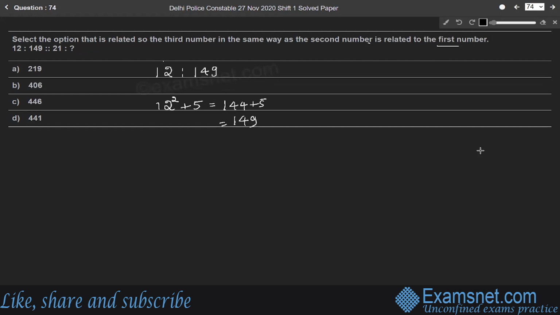So the number and its square plus 5. In the same manner, 21 is related to the next number as 21 square plus 5. What is 21 square plus 5? 21 square is 441, plus 5 is 446. Therefore, option C is the right answer.